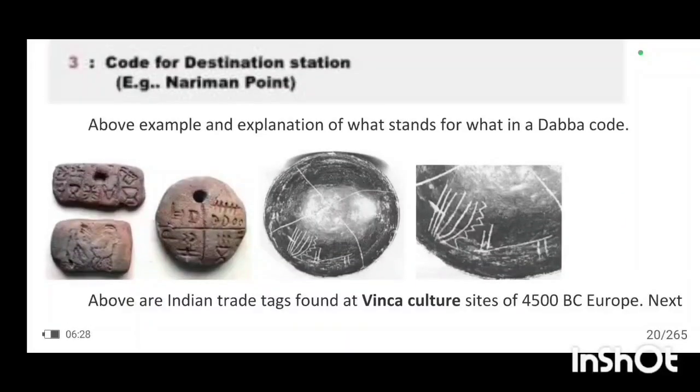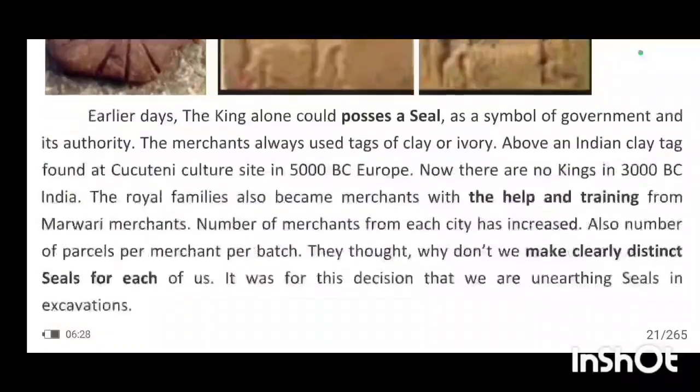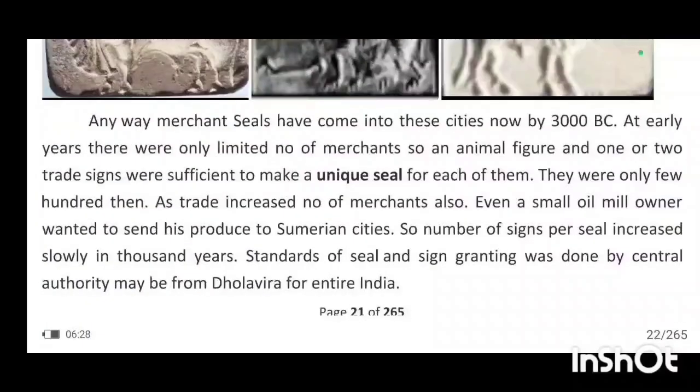These are clay tablets from Vinca, Serbia, and that pottery dish is from Tamil Nadu. You can see the Indus symbols inscribed on it, but they are dated to 4000 BC. Here is a Cucuteni clay tablet from Romania and two Indus Valley seals of the 3000 BC period.